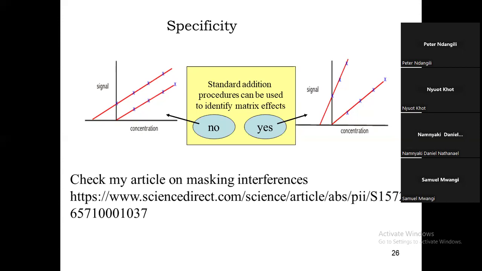And therefore, if you just detect, due to the very high concentrations of the uric acid and the ascorbic acid, then you are likely to only detect those two, which are not my target analytes. If they are not my target analytes, then they become my interferences. But I was able to come up with a way of masking, and then you can just check out the arguments of the masking approach in this particular article.